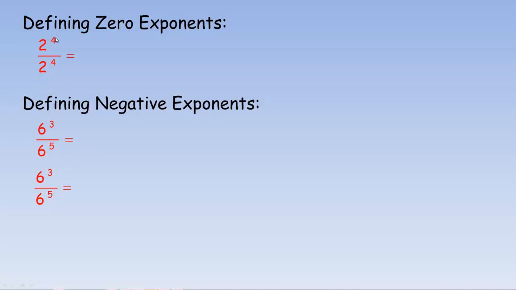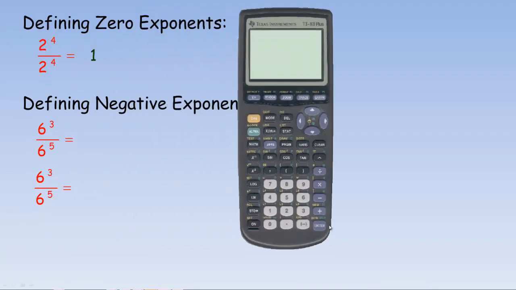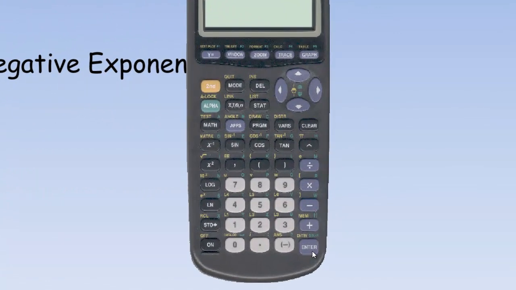One way is I've got 2 to the exponent 4 divided by 2 to the exponent 4. So I'm dividing the same thing by itself. And whenever you divide something by itself, you get 1. It doesn't matter what number. 2 raised to the exponent 4 is actually 16. So this is 16 divided by 16, which of course gives you 1.